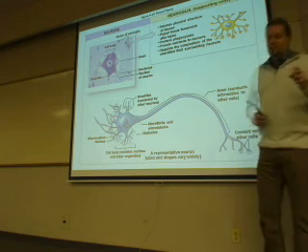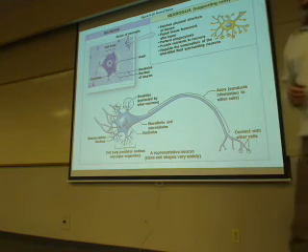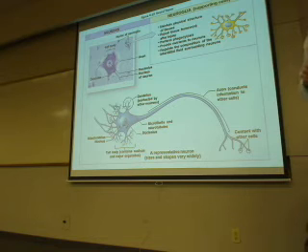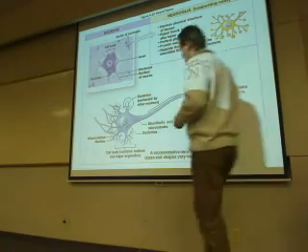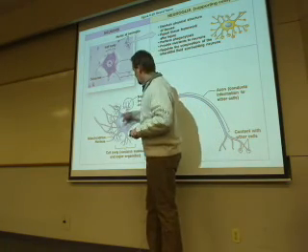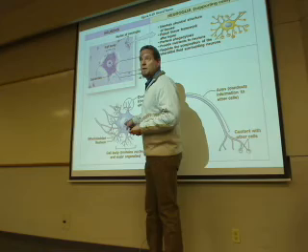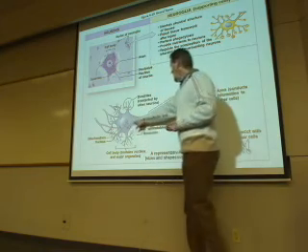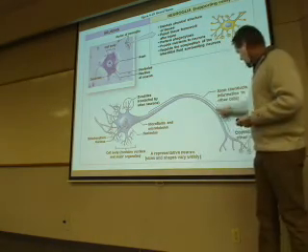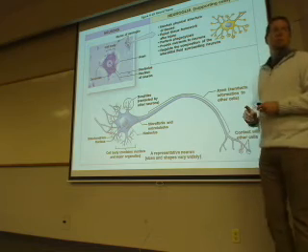You can't always tell dendrites from axons in terms of their shape. So how we really describe these guys is, if it's a dendrite, it's always carrying information towards the soma. If it's an axon, it's always carrying information away from the soma to some other structure.